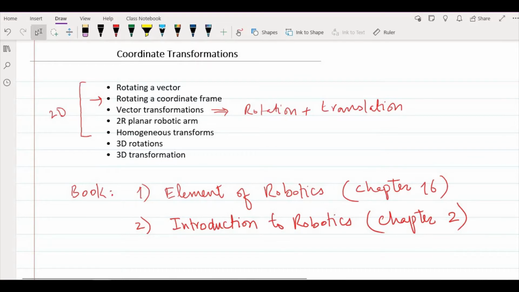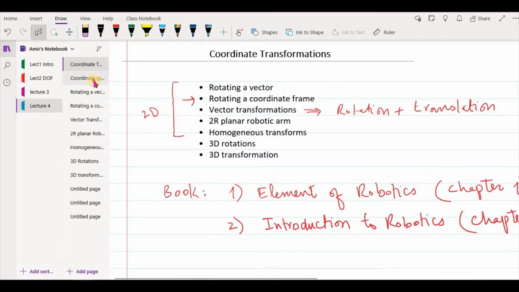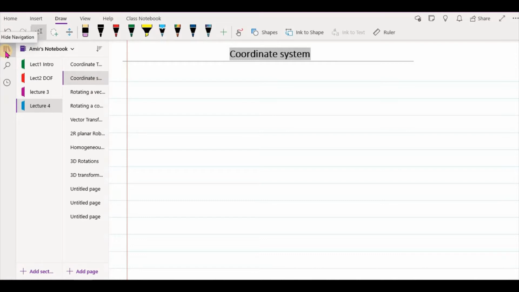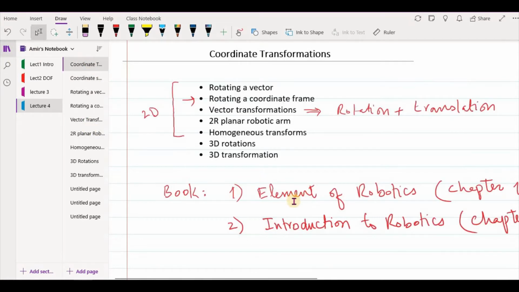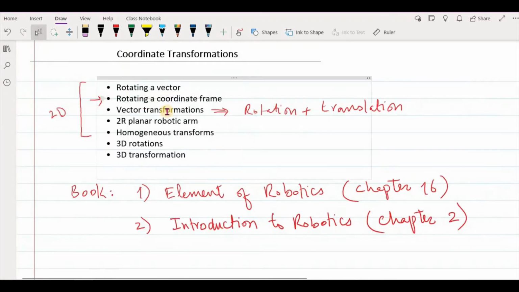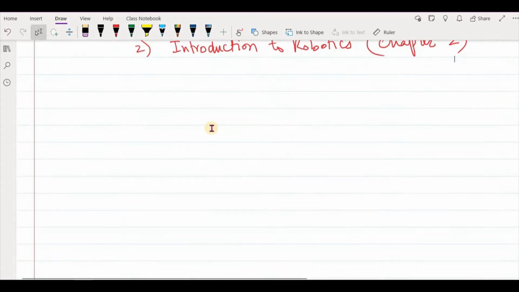Okay, so let's begin. First of all, let's start with our 2D planar robotic arm, which is like this here. Here we have a revolute joint, and then we have a link.